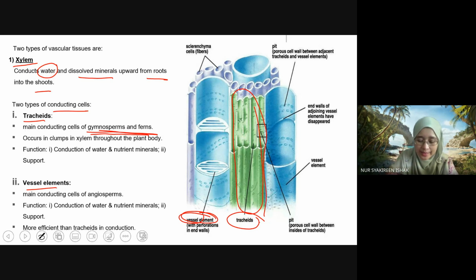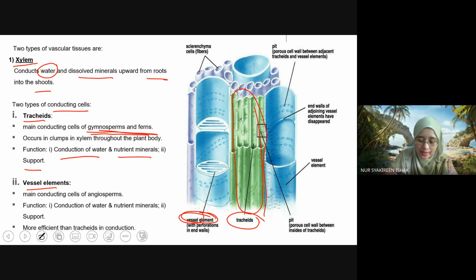Occurs in clumps in the xylem throughout the plant body. Their function is to conduct water and also nutrients and also for support. Mechanical support, so the plant is not limp like that. So for support, to support the plant.